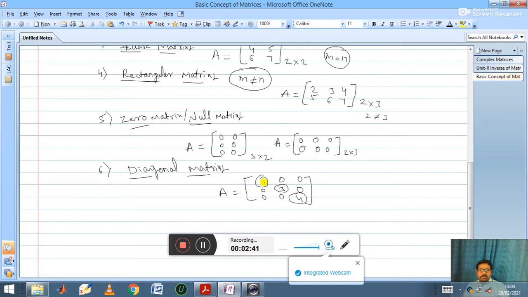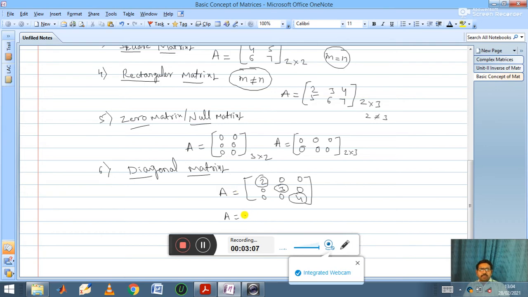Hence the numbers 2 3 4 are known as diagonal elements. So a matrix with this pattern, 2 0 0, 0 3 0, 0 0 4, is known as a diagonal matrix.